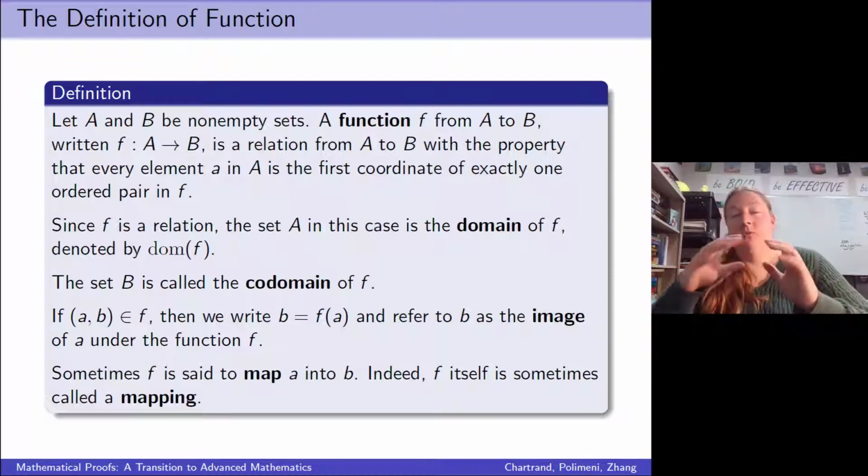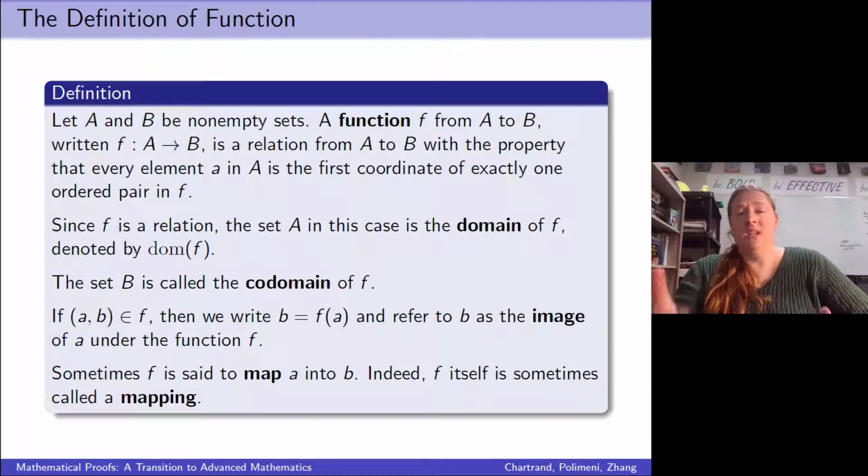So if we have some ordered pair in our function f, say (a, b) is one of the ordered pairs in the relation or our function f, we write it as b equals f of a. No doubt you've seen this notation before as well. Now, what you may not have heard is b is referred to as the image of a under the function f.